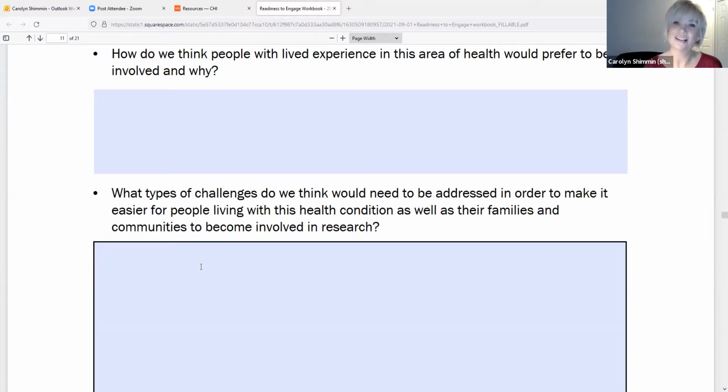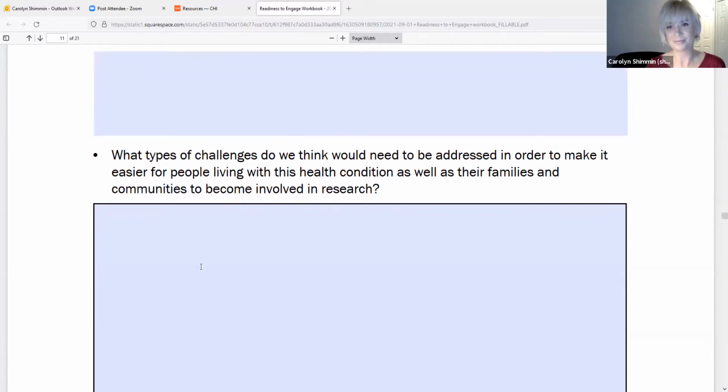What types of challenges or barriers would need to be addressed in order to make it easier for people living with a health issue, as well as their families and communities, to be involved in research? So when you've thought about the different perspectives that you want to include, think about what will help, what barriers you might need to address, and fill that in in this section here.